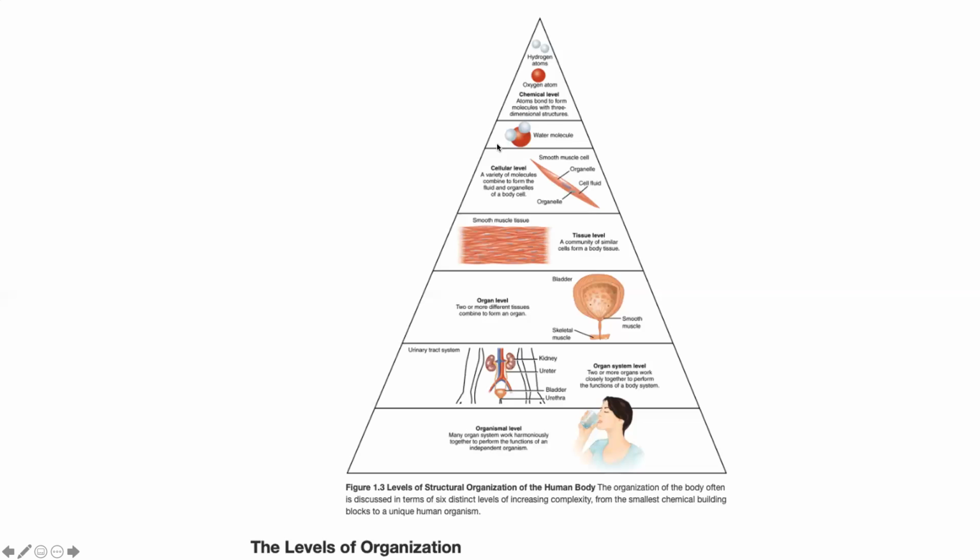Finally we get a cell, and a combination of cells makes tissue, and similar tissues together make an organ. Let's say cardiac muscle tissue will make a heart. The tissue of other muscles will make a urinary bladder, and the combination of kidney, bladder, and the passage of urine, the urethra, will contribute to the urinary system. And of course, many systems in our body combine together to become a human being.